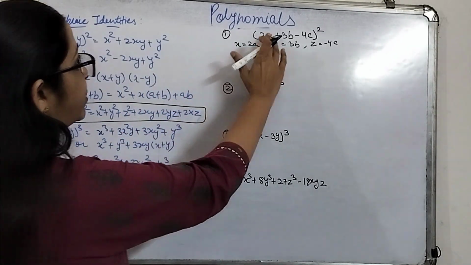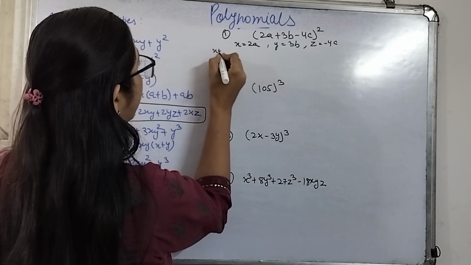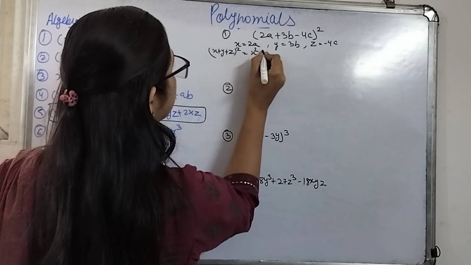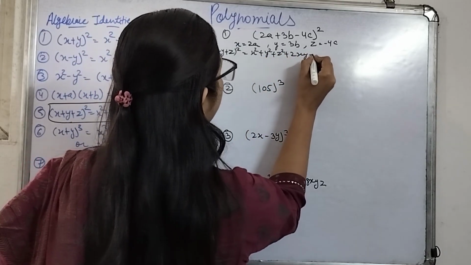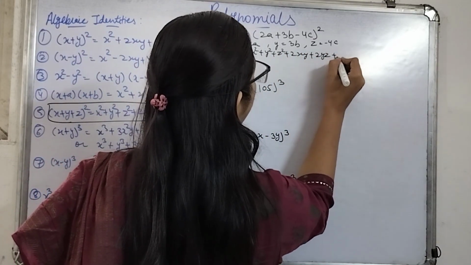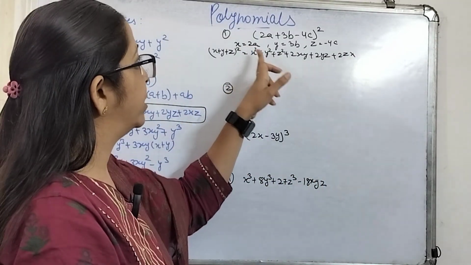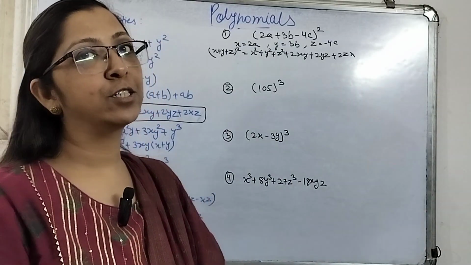So how will we be expanding this? First of all we will write the identity x plus y plus z whole square, it is equivalent to x square plus y square plus z square plus 2xy plus 2yz plus 2zx. Now instead of x we will keep 2a, instead of y we will keep 3b, and instead of z we will keep minus of 4c.